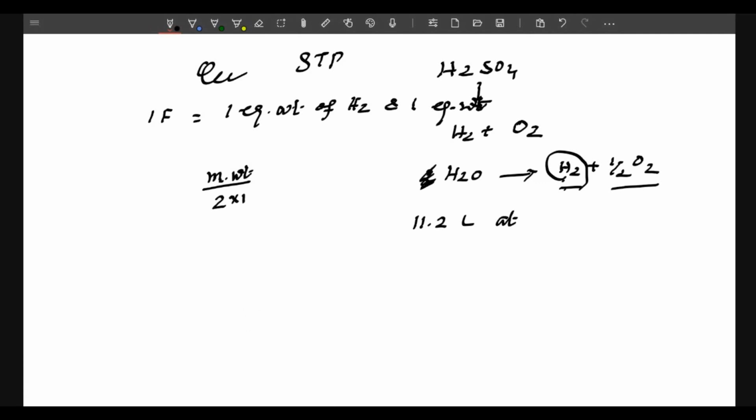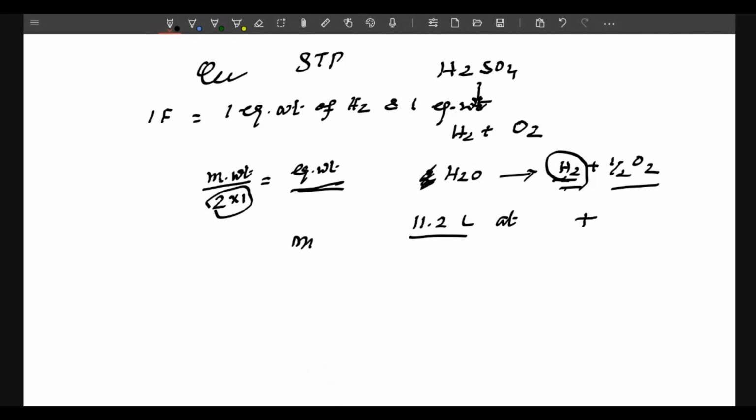Here, the number of atoms present is 2, and the valency of one atom is 1. 2 into 1 is called the valence factor. Therefore, equivalent weight is equal to molecular weight by 2. Therefore, 1 mole gives 22.4 liters, and 1 equivalent weight gives 11.2 liters at STP.